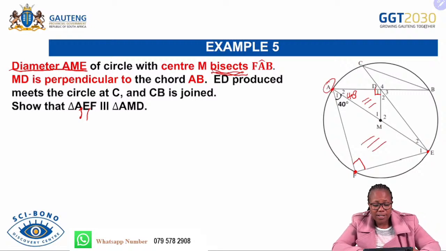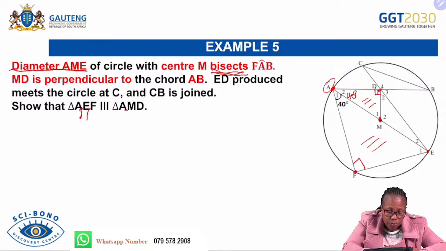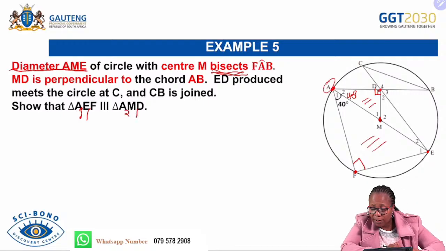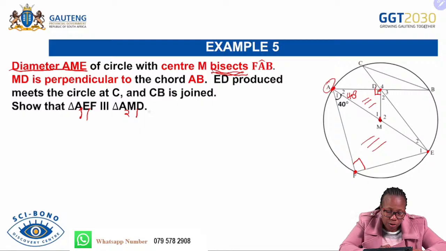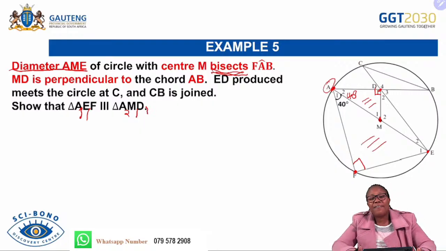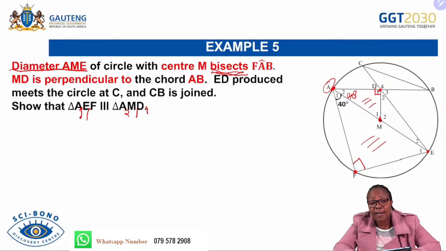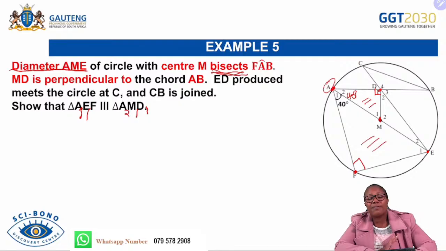And then in triangle AMD, the small one there, when they say A, they talk about A2, correct? When they say M, they talk about M1 because we are having two. And when they say D, we are having four D angles, so you must be specific that you are talking about D1. That's the first thing you do, grade 12, identify the specific angles. We have done that now.